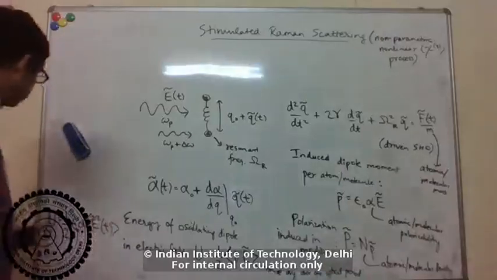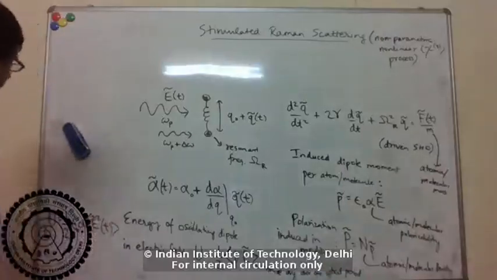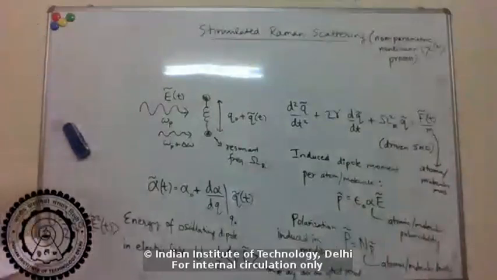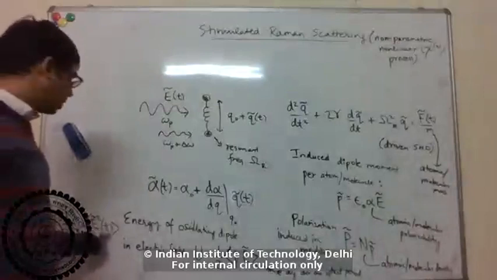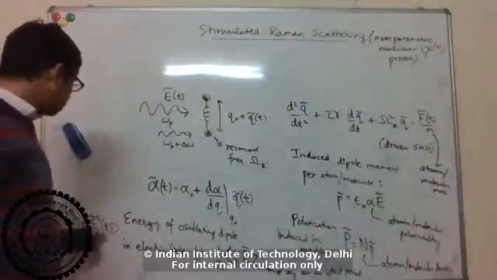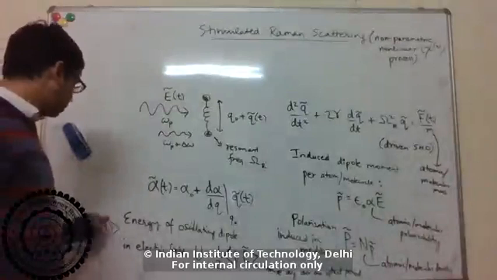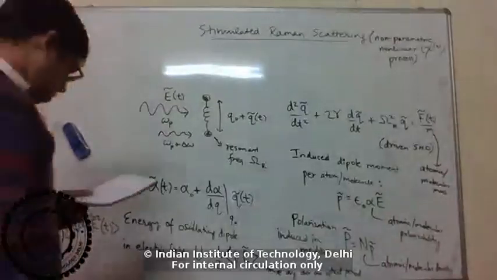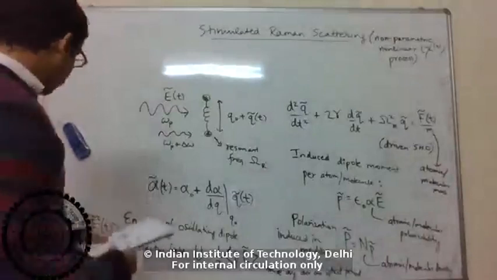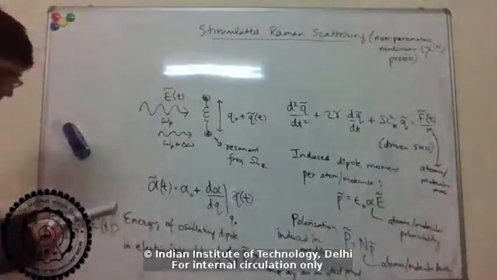E will vary, let's say, like cosine omega t. So this will be the average of cosine square omega t over one period, which will be something like half. Okay, so now we have an energy.